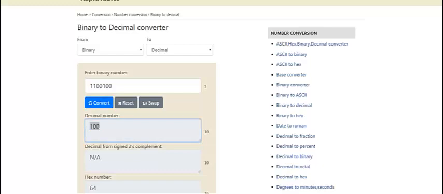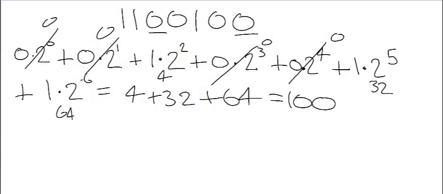Okay, now let's go the other way and convert from decimal to binary. Let's say we have the number 26. How would you convert that to binary? Well, first let's divide by 2. This is an even number, so 26 divided by 2 is obviously 13. We don't have any remainders because it's an even number.